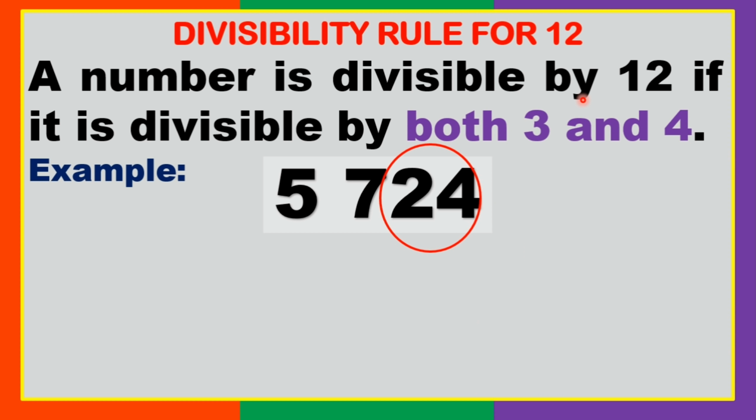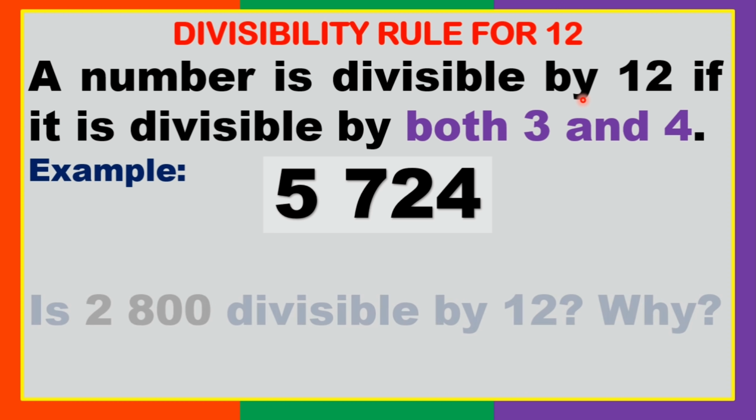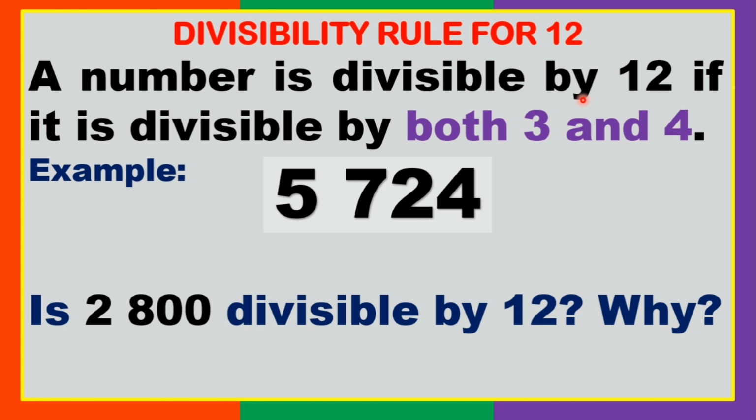Therefore, 5,724 is divisible by both 4 and 3. Therefore, it is divisible by 12 or it has a factor of 12. Did you get it, kids? Oh, yes! Alright.